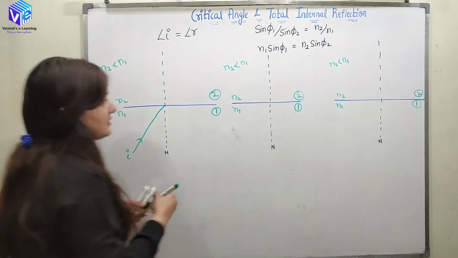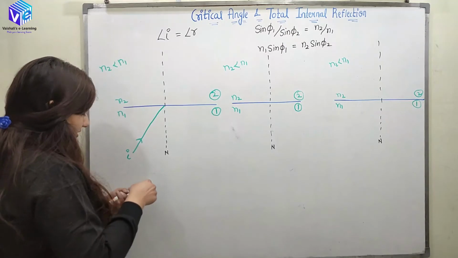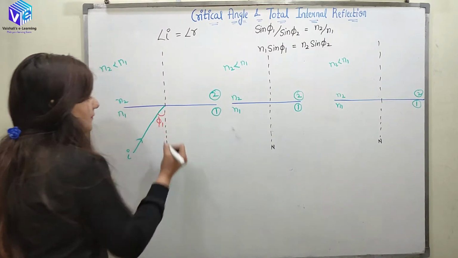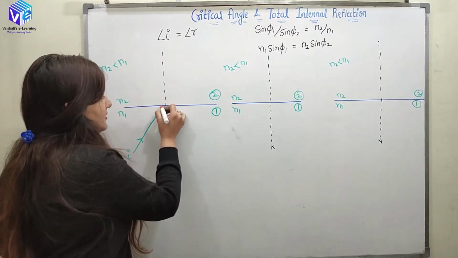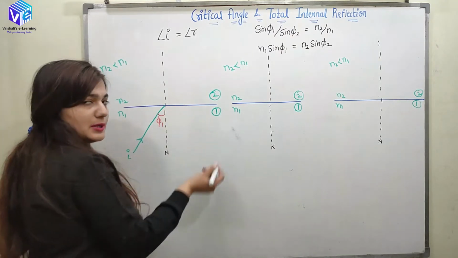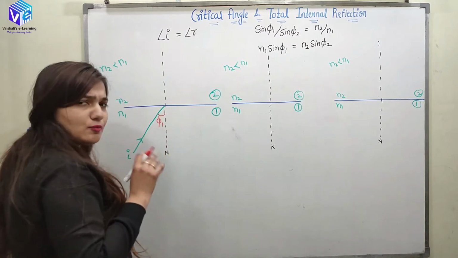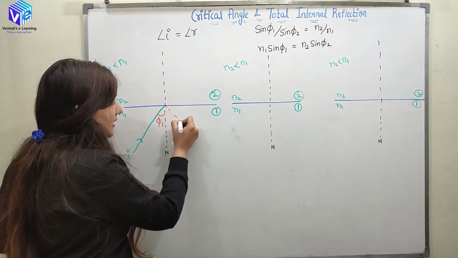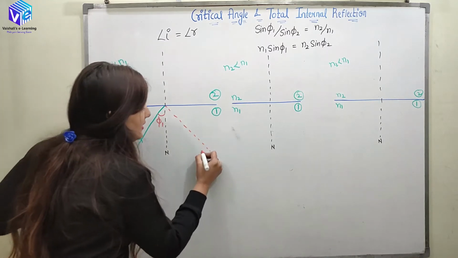Now I have the incident light in the first case, which makes the angle phi 1 with the normal. When it goes to the interface between material 1 and material 2, both of them are transparent to the optical light that we have, so some of the light will get partially reflected.